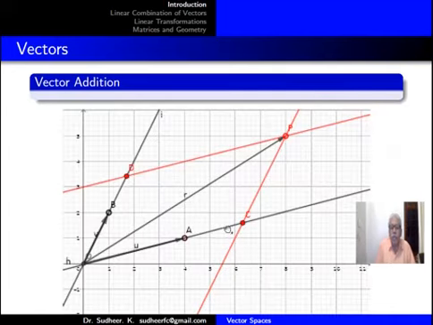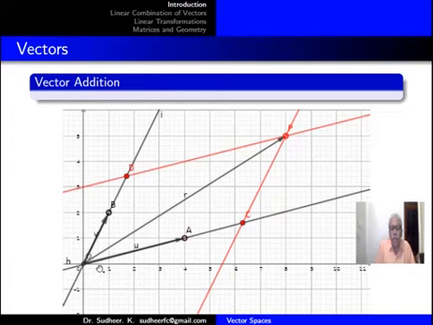So we do CP parallel to the vector OB and DP parallel to the vector OA. And these two parallels will intersect the line containing OA at the point C and the line containing the vector OB at the point D.